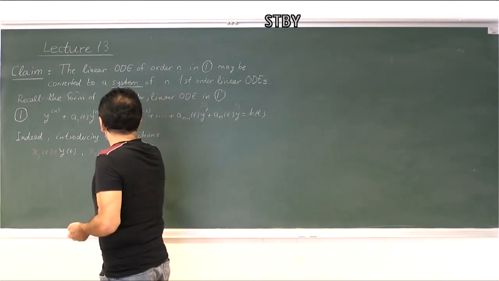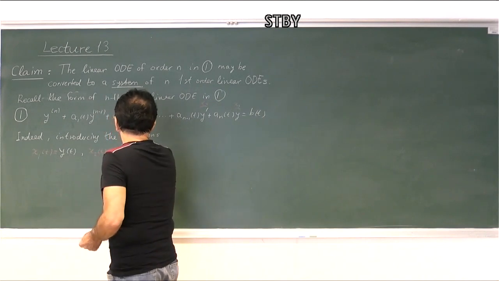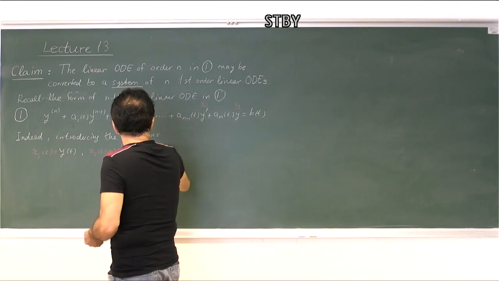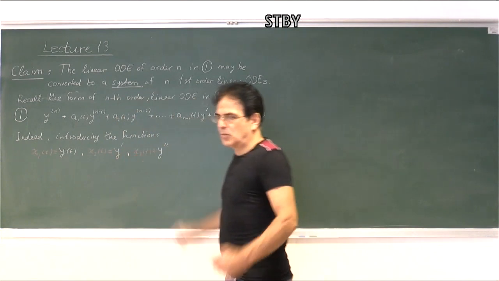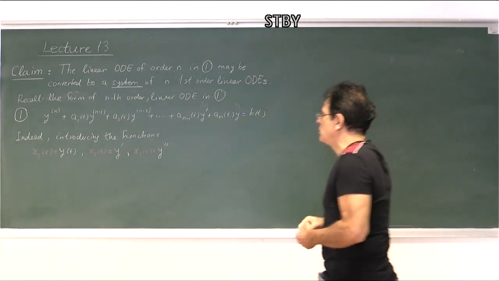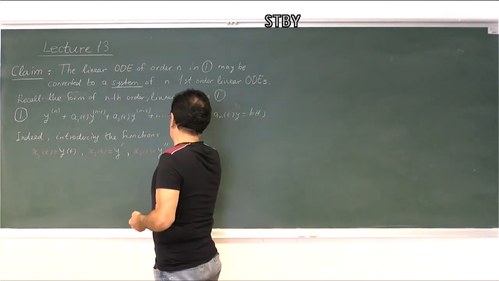Continuing in this way, by x3 of t we denote y double prime. So y double prime is a function denoted by x3.